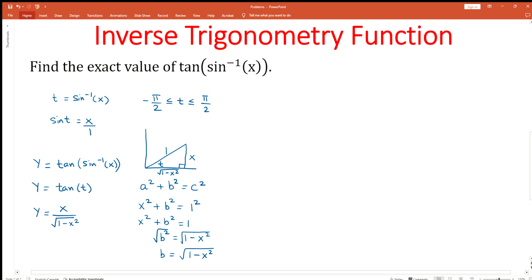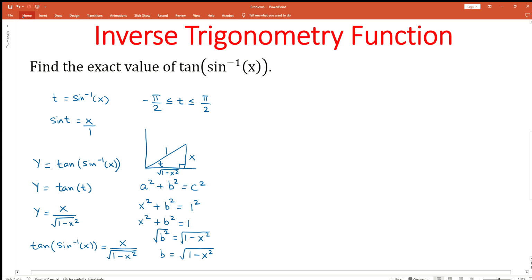This is the expression for y, assuming x has a positive value. Therefore, we can conclude that tan of inverse of sine of x is equal to x over the square root of 1 minus x squared, assuming x has a positive value.